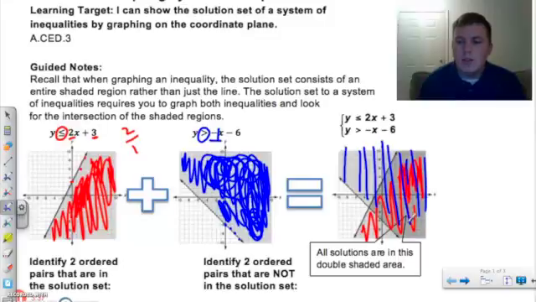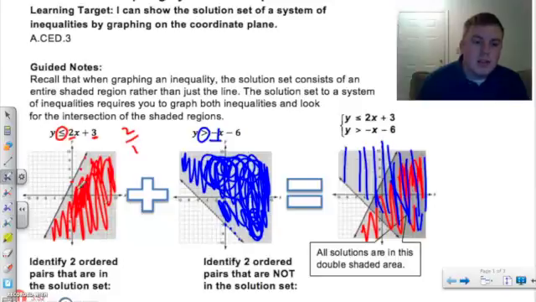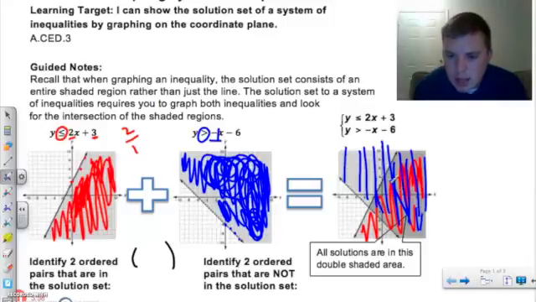Now since we've put them both on the same coordinate plane, we can see where our shaded regions overlap. Anything in this area that's shaded in both colors is going to be a possible solution set. We're asked to give two ordered pairs that are in the solution set. So we're going to go where it is shaded in, and let's just put a dot right there.